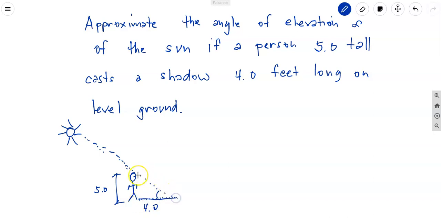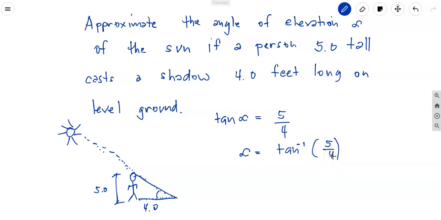We have the angle of elevation, right? When you draw the diagram, you have this one. So given is the opposite over the adjacent. So therefore, you can have tangent alpha equals 5 over 4. So using your calculator, you can have alpha equals tangent inverse, or tangent to the power of negative 1, of 5 over 4.